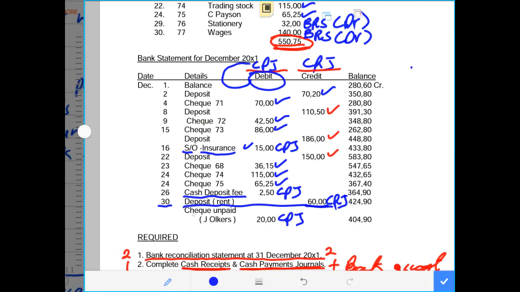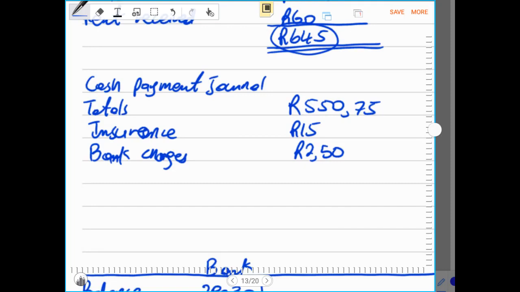Then the next one was a check which was unpaid, J. Olcas. In this case, we just write the name of the customer, J. Olcas, and we normally say RD, refer to drawer, or unpaid check.